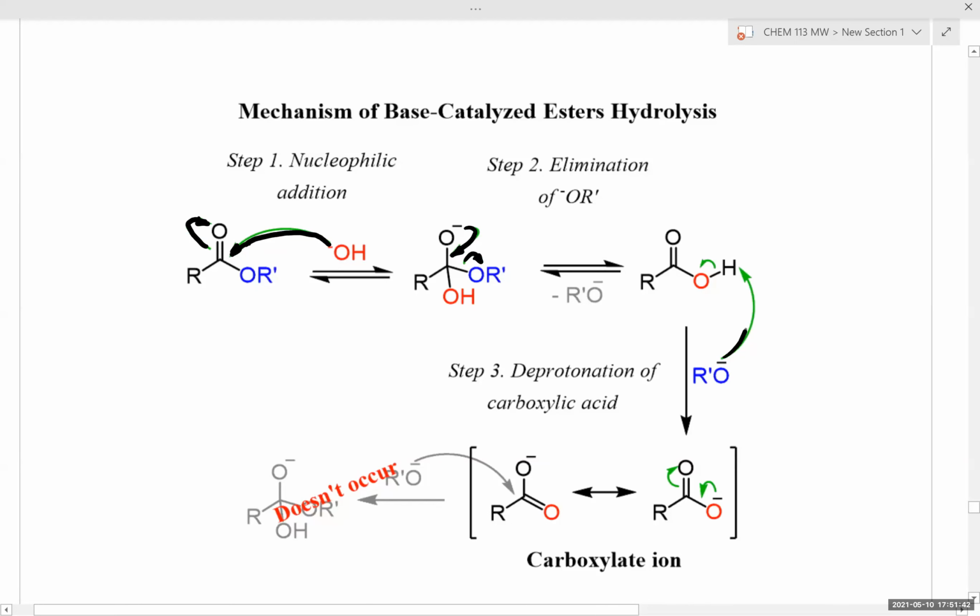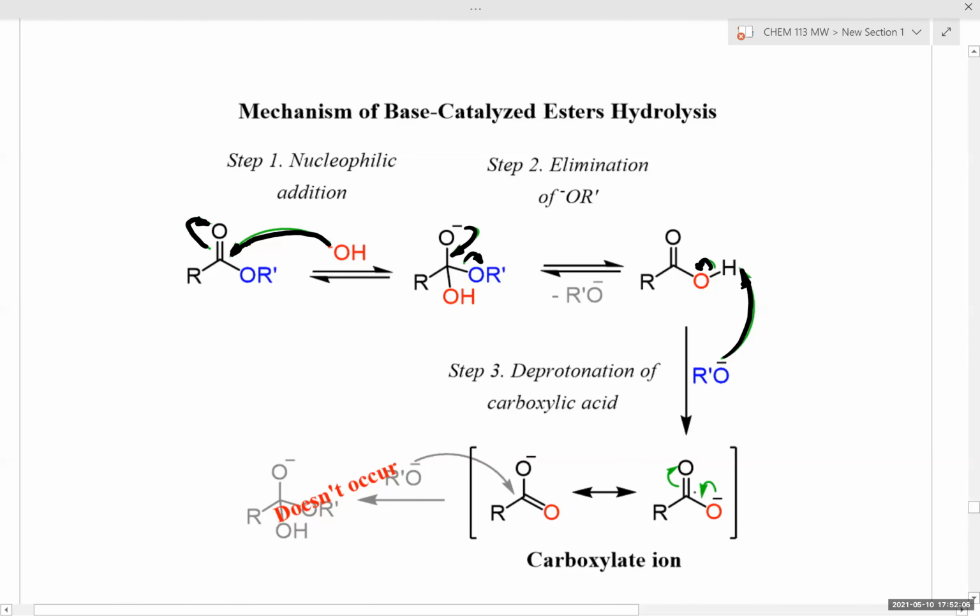From here, we deprotonate our generated carboxylic acid, and this gives us a carboxylate salt. One thing that's important to note is this carboxylate salt is very resistant to nucleophilic attack. So in effect, it helps drive this hydrolysis reaction towards the carboxylic acid product.